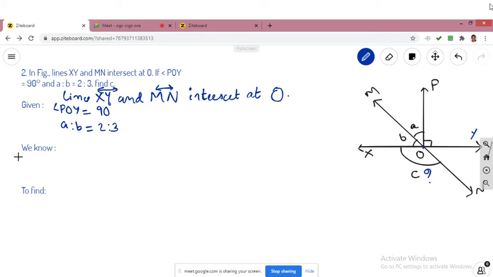Okay, let's see if it is true. Before going into that, we learned two major things in our chapter: the linear pair axiom and a theorem. The first one is the linear pair axiom.